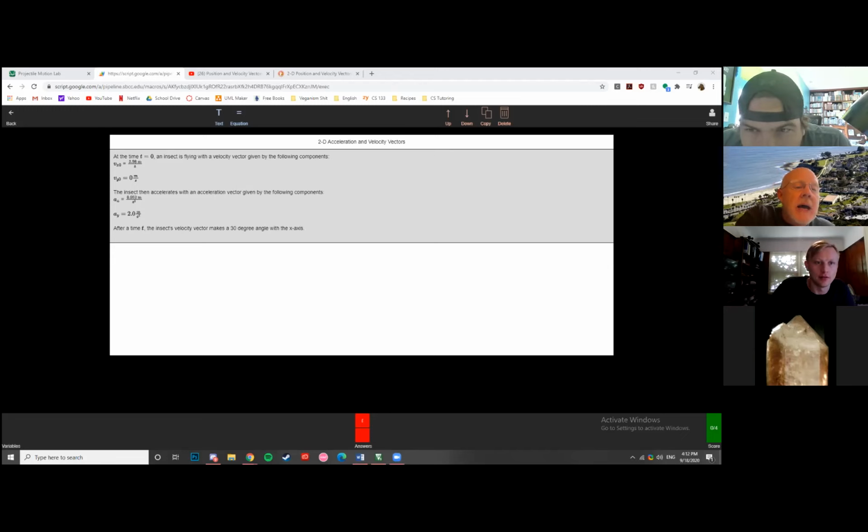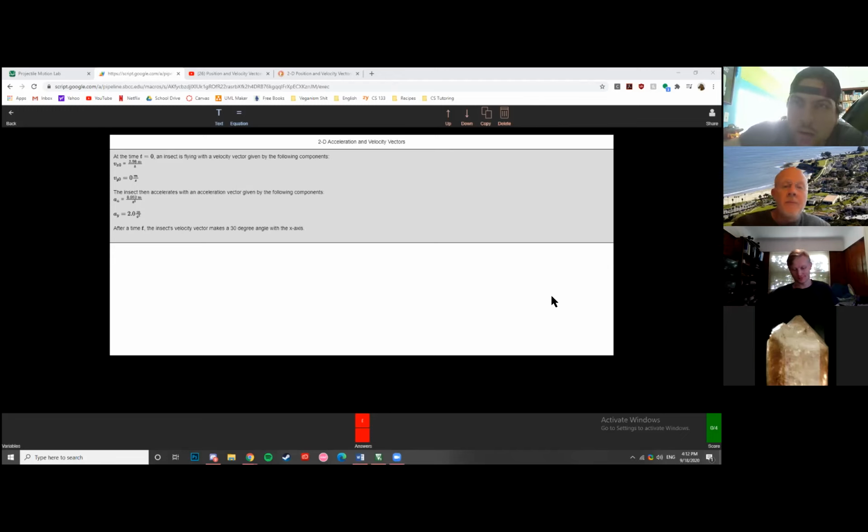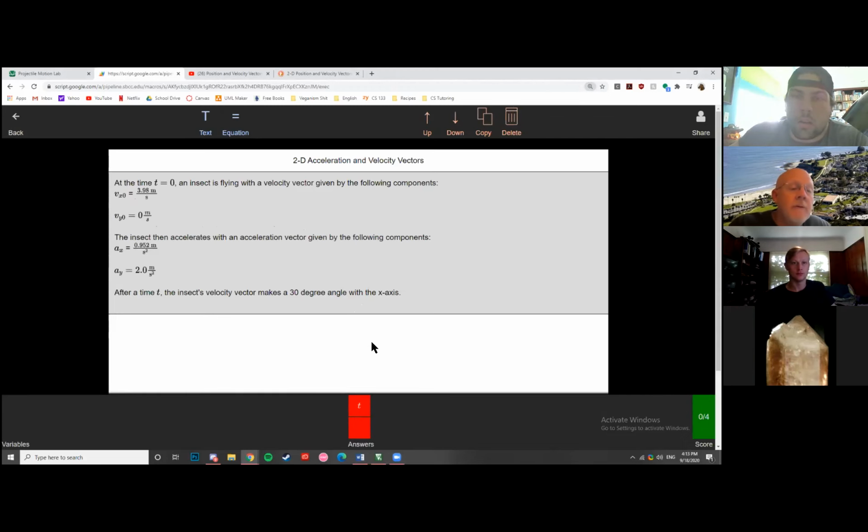It says at time equals 0, an insect is flying with a velocity vector given with the following. Vx initial, is that 3.98? 3.98. Oh yeah, I can zoom in. Meters per second, and an initial Vy of 0. Okay. The insect then accelerates with a velocity vector given the following components.